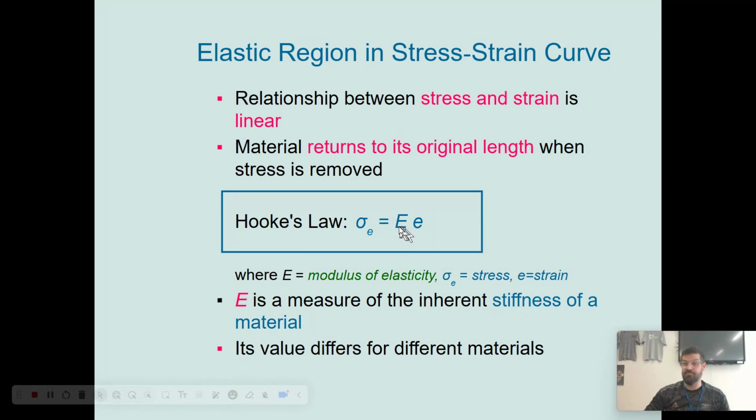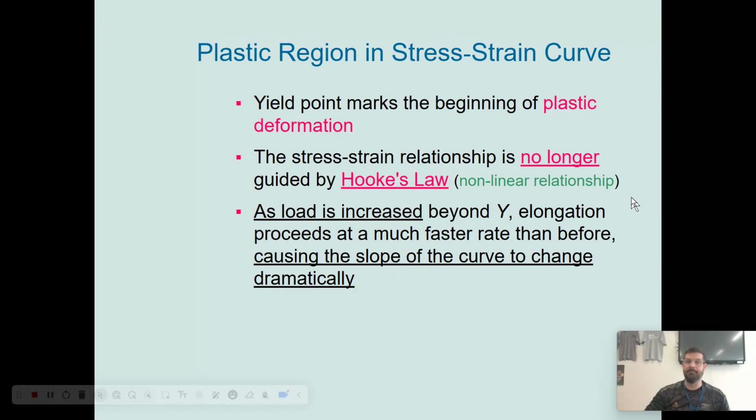That just makes sense. If you know what this E is and you know how much you're pulling on it, you'd be able to figure out how much it can stretch before it pops back. This is called Hooke's law. This only applies to a material during the elastic portion of the graph. It only matters if it hasn't gotten to the point where it's permanently deformed. Once it's permanently deformed, this law does not apply anymore and it doesn't matter, okay?